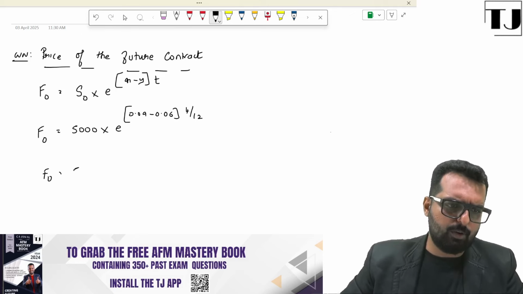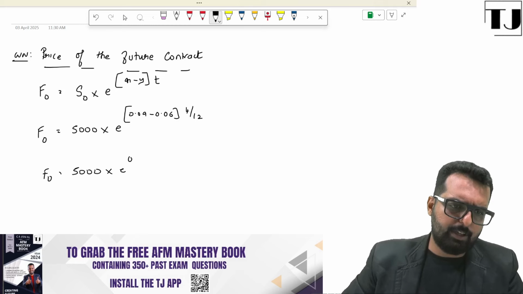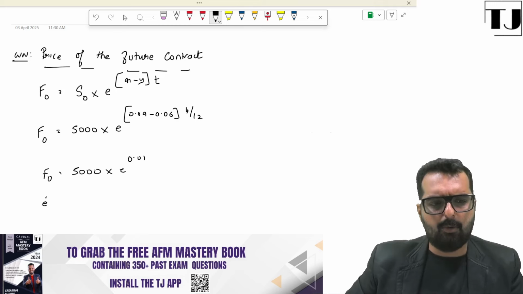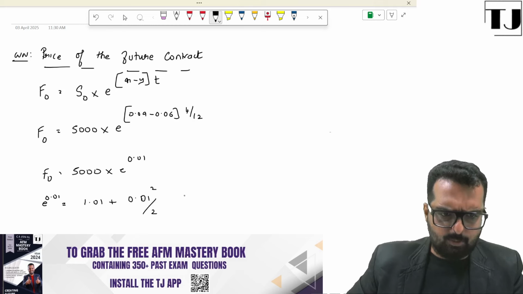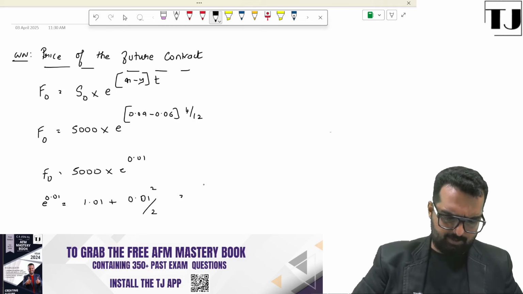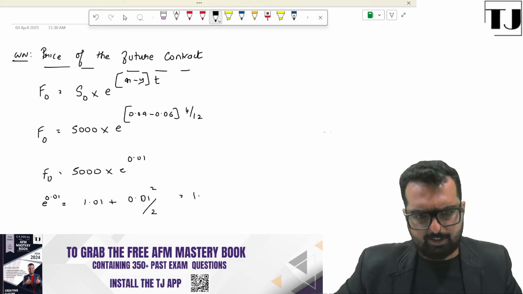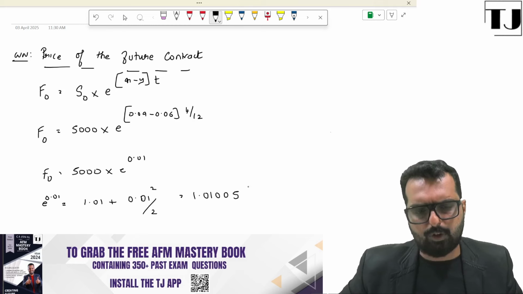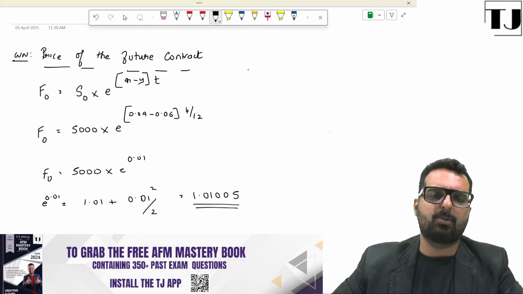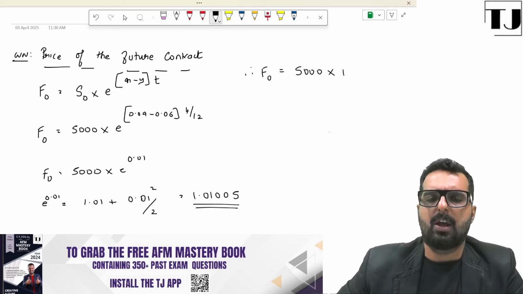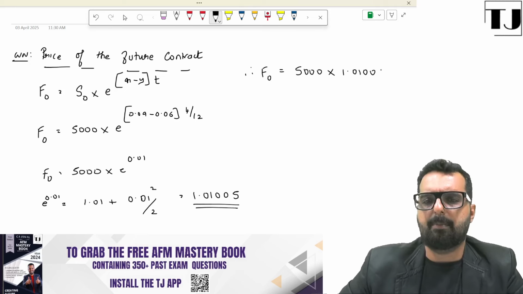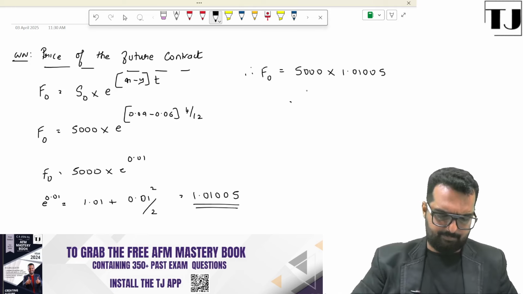So F0 is equal to 5,000 into e raised to 0.01. Now, how do you find out the e raised to 0.01? 1 plus r square by 2. So, what is 0.01 square divided by 2 plus 1.01? You'll get the answer as 1.01005 as the e raised to rt. Therefore, F0 will be equal to 5,000 into 1.01005.